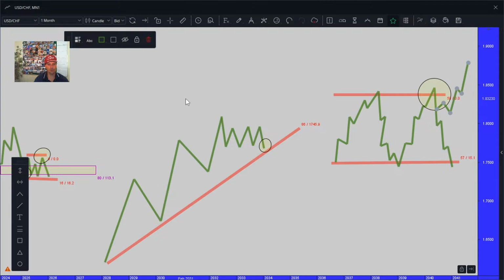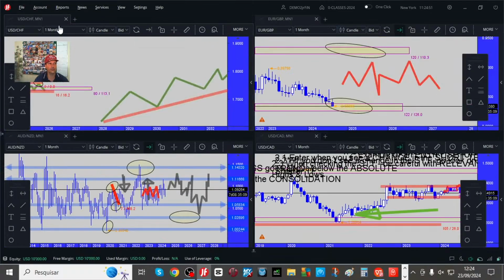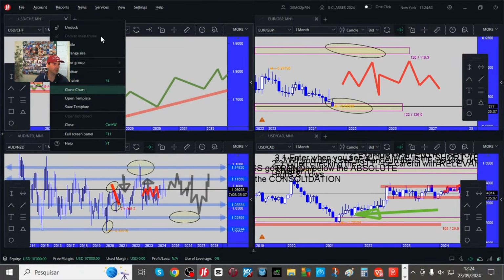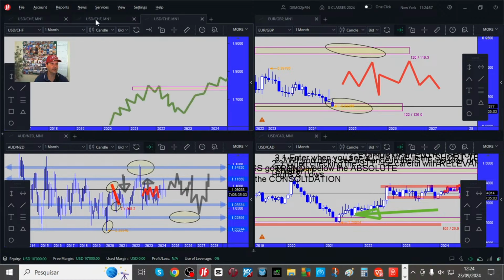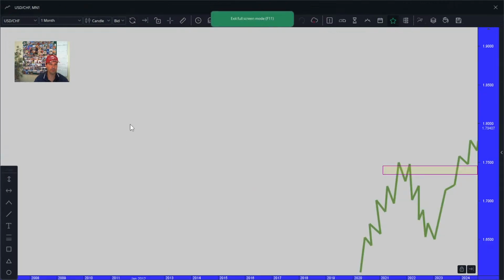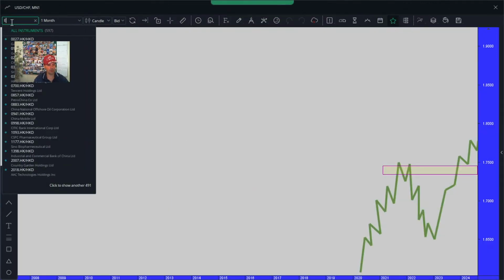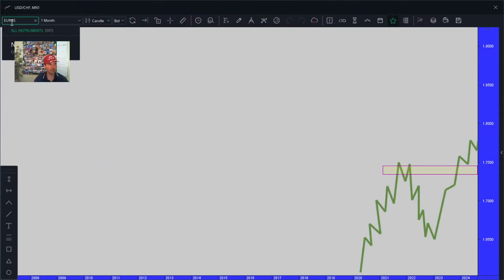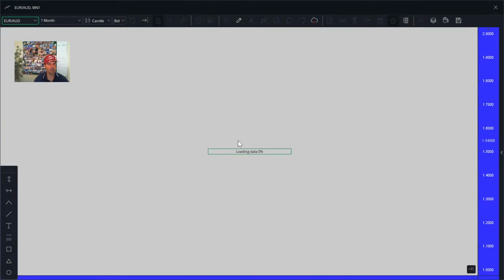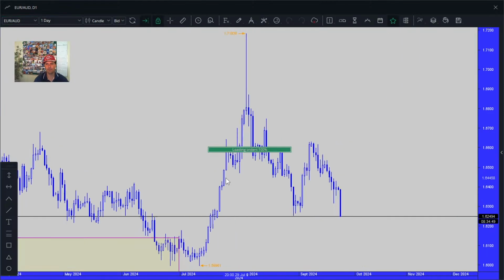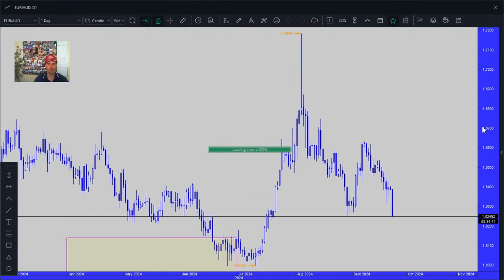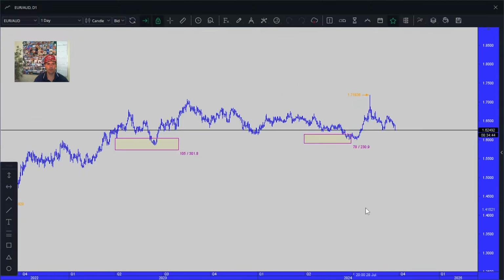We have two beautiful currency pairs right now. It's Euro CAD and Euro AUD, everybody. If you go to Euro AUD on the daily chart, give me a second.